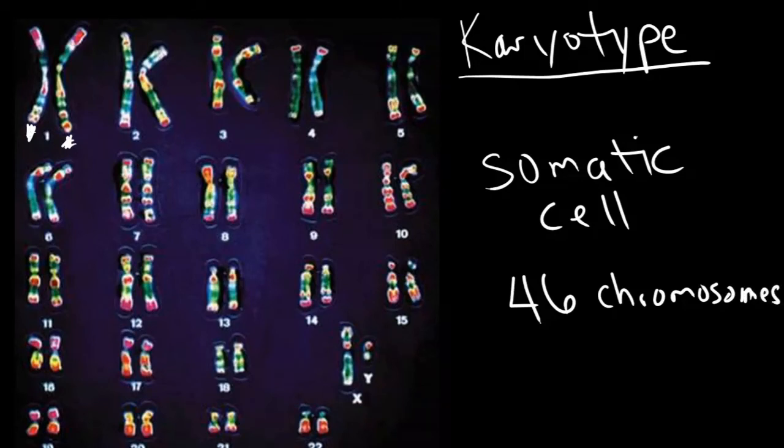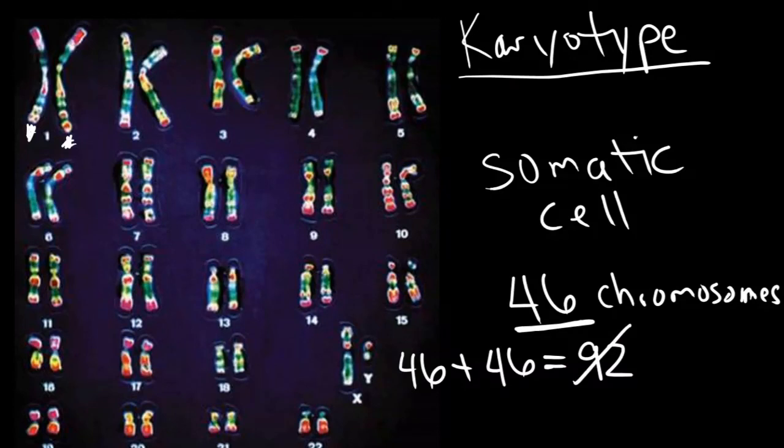All right, so I want to do some quick math thinking about that. If a typical body cell, a somatic cell, has 46 chromosomes, how many chromosomes would it be necessary for sperm and eggs to have in order to form a new offspring that still only had 46 chromosomes? Well, if the sperm had 46 and the egg had 46, you would end up with 92, and that's just no good.